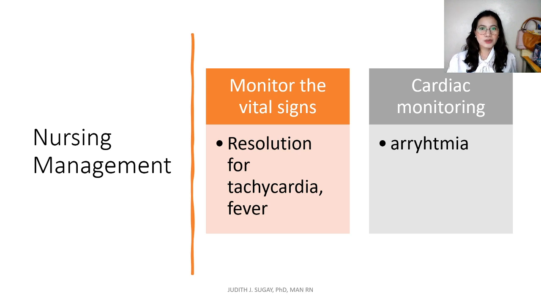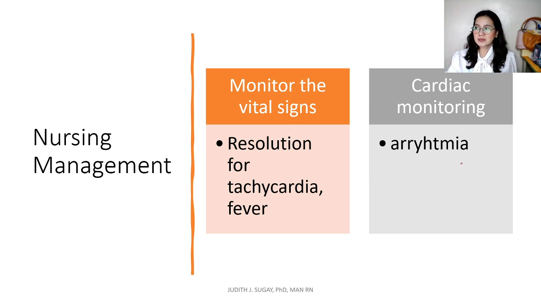So as nurses, what do we do? Let's monitor the vital signs of the patient. All vital signs, of course, not just the blood pressure and the pulse rate. Include the monitoring of fever. Is there still tachycardia? What's your resolution? Any standing order, and so on.